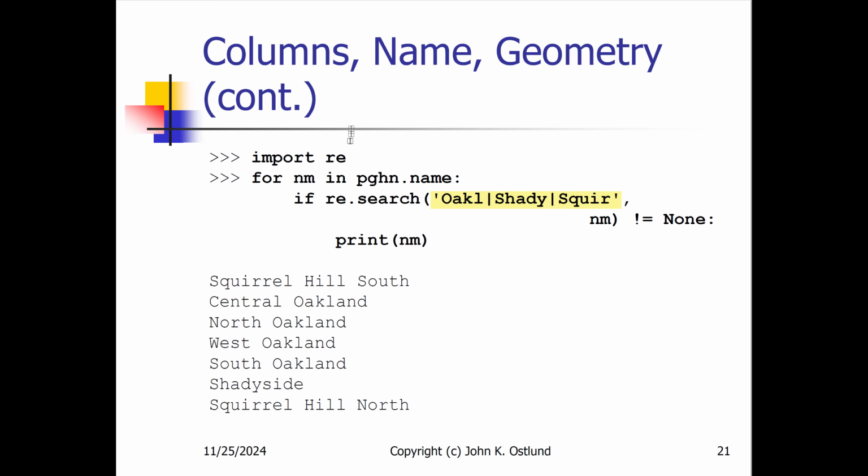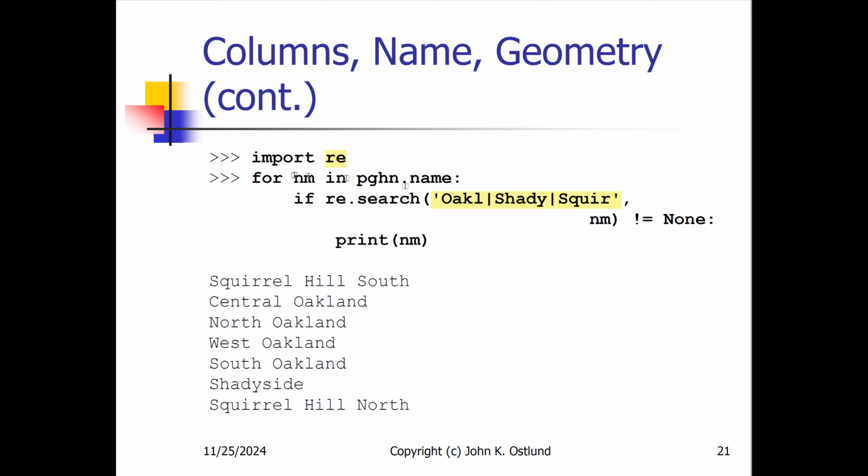All right, so partly as a reminder here, I'm going to do this using a regular expression library module. So we're going to import RE, and then for each name in that name column, we're going to test whether the name of the current row matches Oakland or Shady or Squirrel Hill. Remember that the way the re.search function works, the first argument is a regular expression pattern to search for, and the second argument is the string to compare to the regular expression.